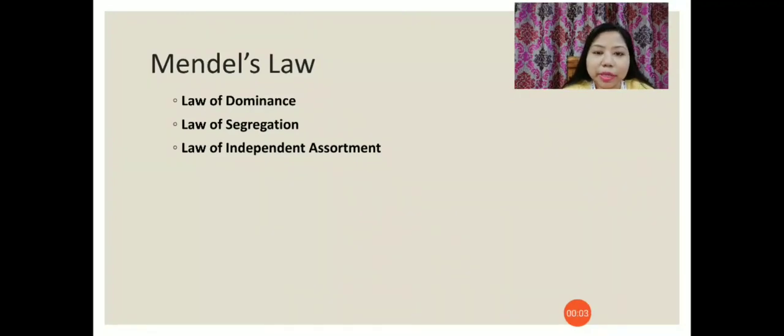After experimenting on the pea plant, Mendel gave 3 laws of inheritance of traits: the law of dominance, the law of segregation and the law of independent assortment. We will be discussing these 3 laws in detail, and also the experiments carried out by Mendel, in the next class. So for today, this is all.